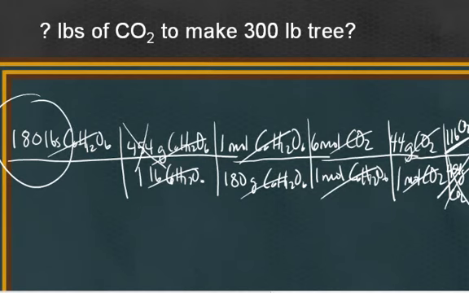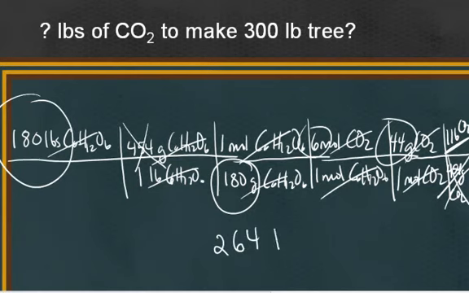Okay, so 180, and then coincidentally, it's 180 grams per mole for that. So the 180 and the 180 are going to cancel, just coincidentally. And then it's 6 times 44, and that is 1 pound. So those are the only numbers we have to do. And when you multiply 6 times 44, your answer turns out to be 264 pounds of carbon dioxide.